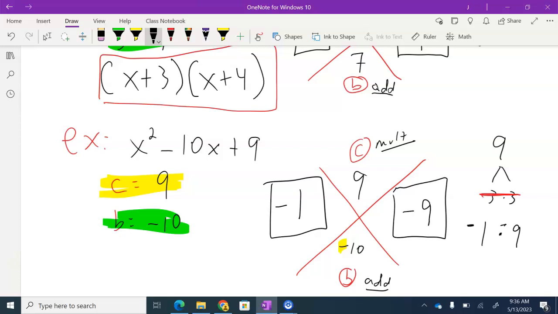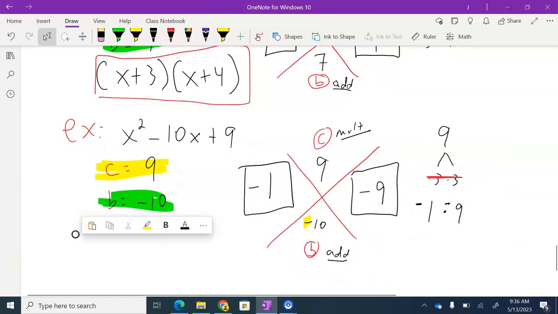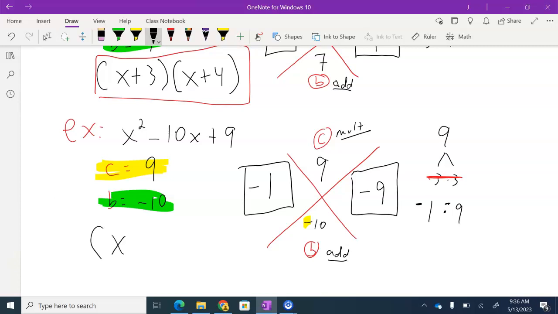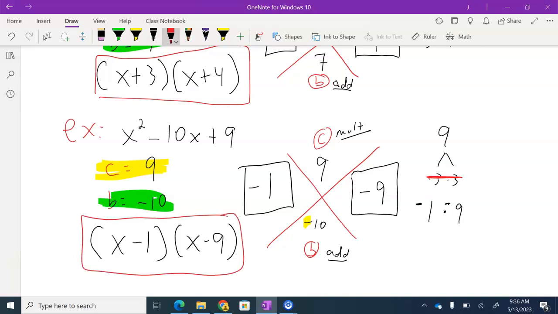And if you add a negative 1 plus a negative 9, you get a negative 10. So not only do you have to know your factors, you're going to have to know your positives and negatives. And there's no math trick to this. It's just knowing your multiplication table and knowing how to deal with positives and negatives. So your answer is x minus 1, x minus 9. And that is your answer to that one.